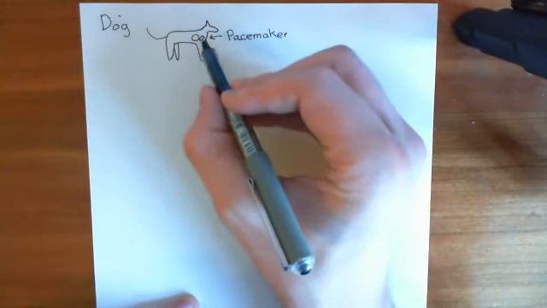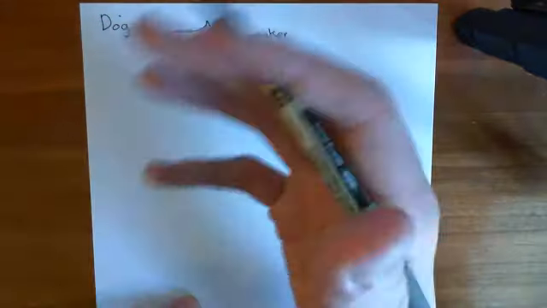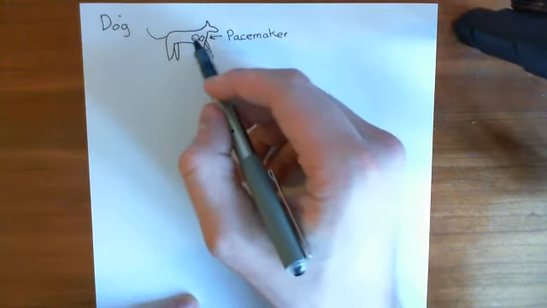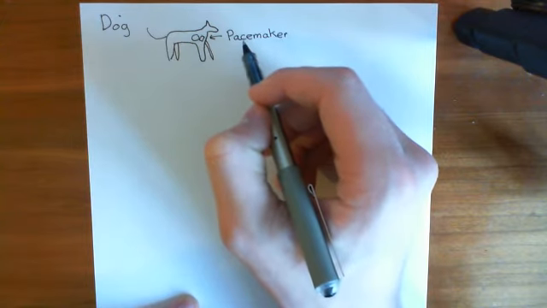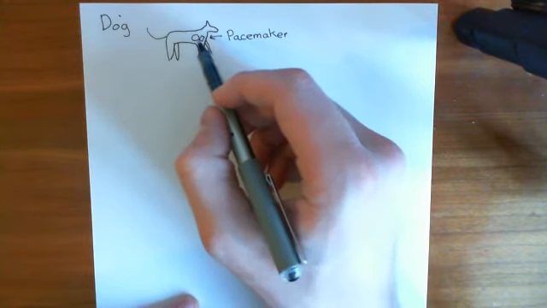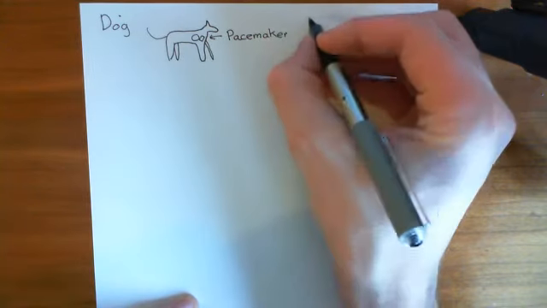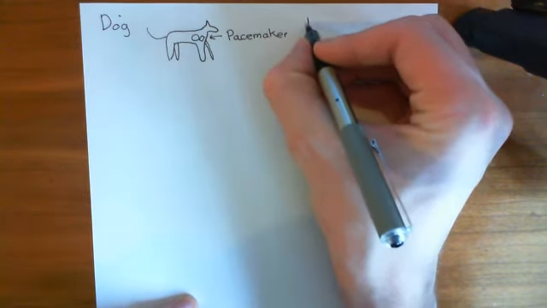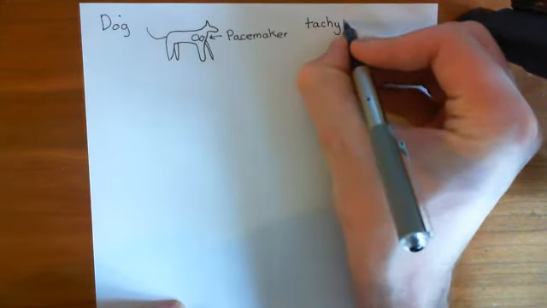So I suspect that dogs have a higher heart rate than humans, but the point is that whatever the heart rate of a dog is, we're going to set this pacemaker to be beating far more often. So it's going to cause the heart to beat totally too fast. There's a fancy word for that. We are going to make the pacemaker produce tachy pacing.